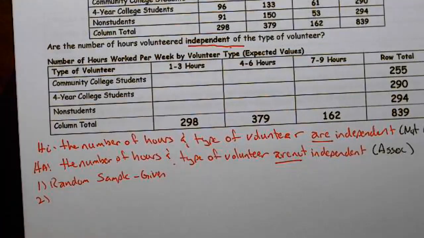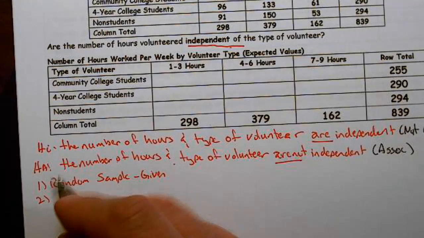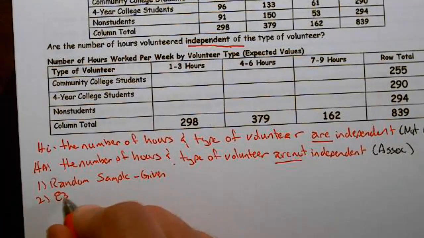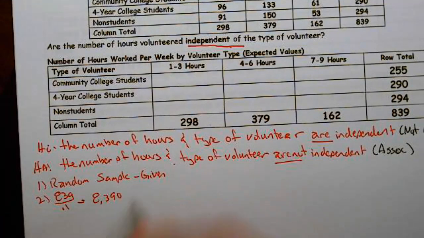My sample size is 839. 839 divided by 0.10 equals 8,390. That's a big number.